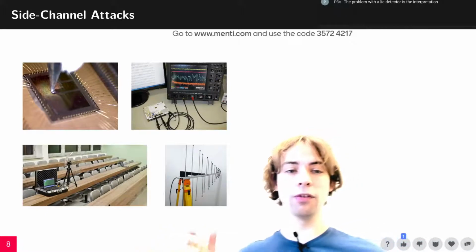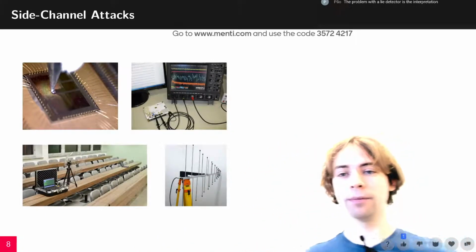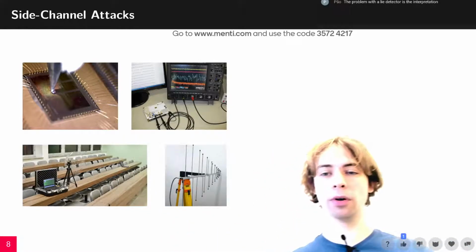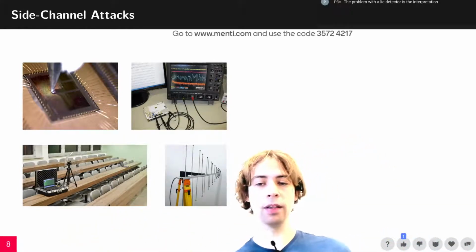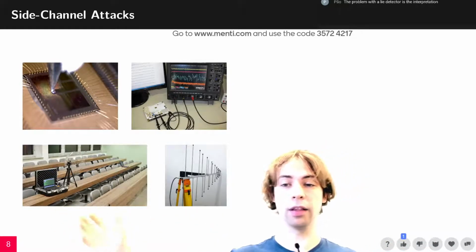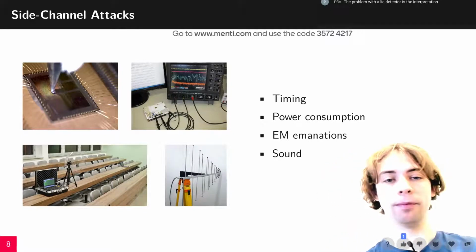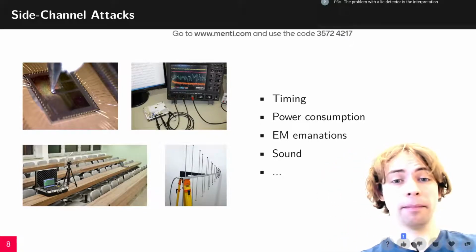So just to give you more examples of side channel attacks, we have, for instance, these probes here, we have power consumption, we have some forms of radiation maybe, or acoustics, even a microphone setup. So timing, power consumption, EM emanation, sound, anything.